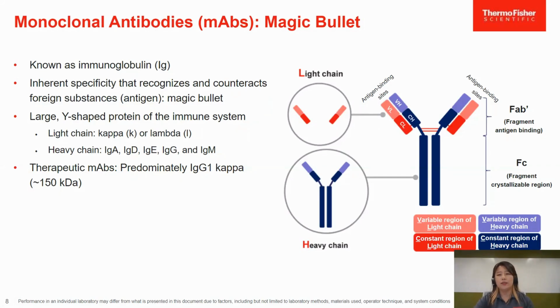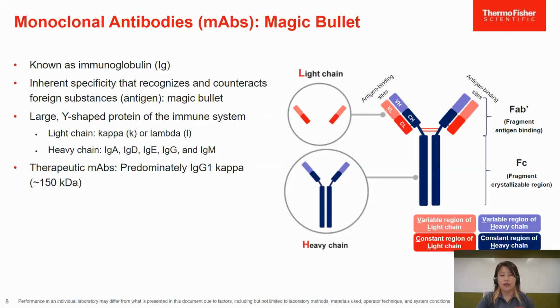It's shown in the picture on the right side. It has a very unique structure, a large Y-shaped protein of the immune system, and has two main components called a light chain and heavy chain. And there are two types of light chain called kappa or lambda, and a heavy chain, mainly in five subgroups, depending on how many disulfide bonds there are and how they are structured with each other.